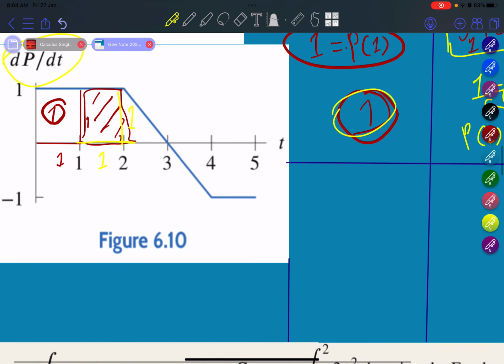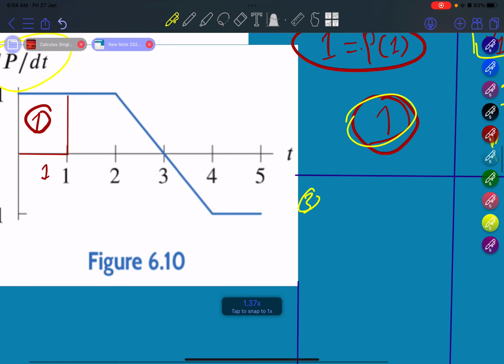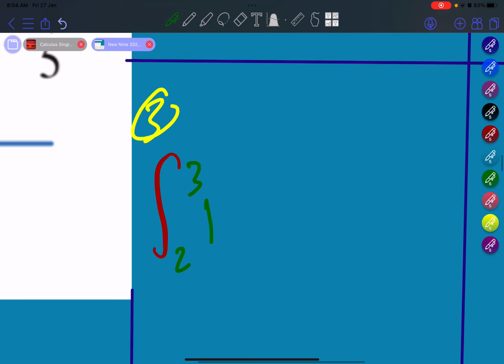Moving on to the third interval, from 2 to 3. So this was for 1 to 2. Now let's write the same thing again: the integral from 2 to 3 of p prime of t dt will equal p of 3 minus p of 2.